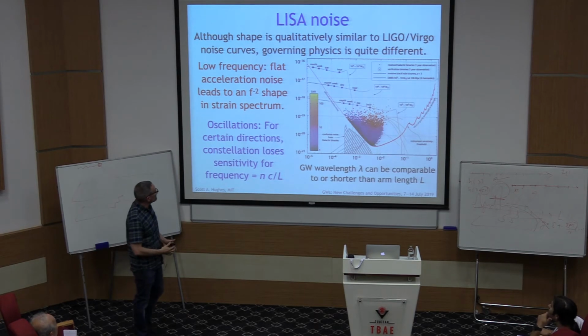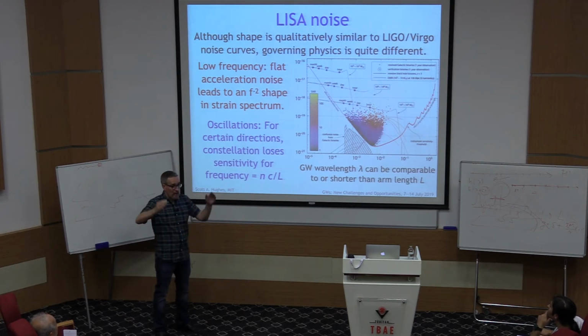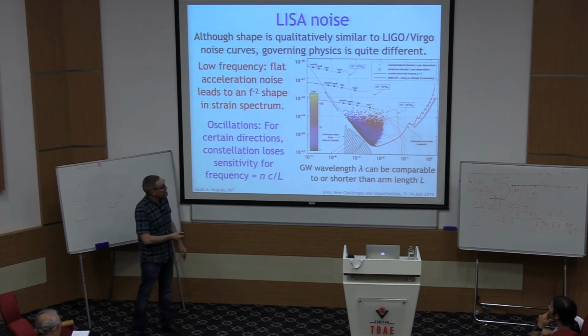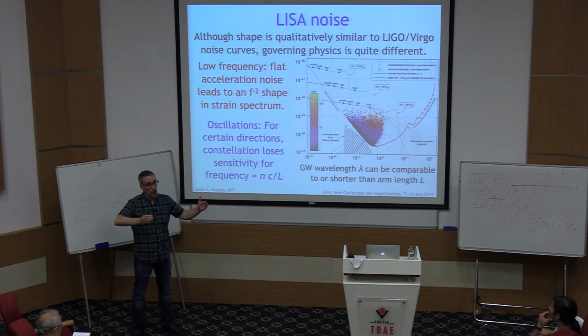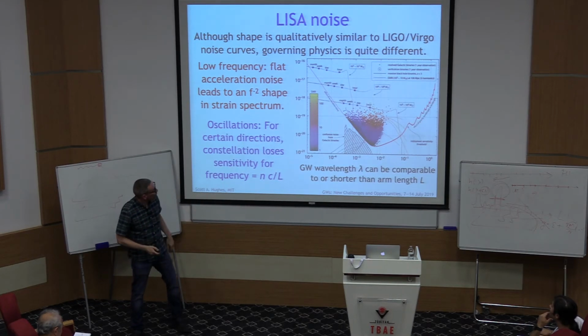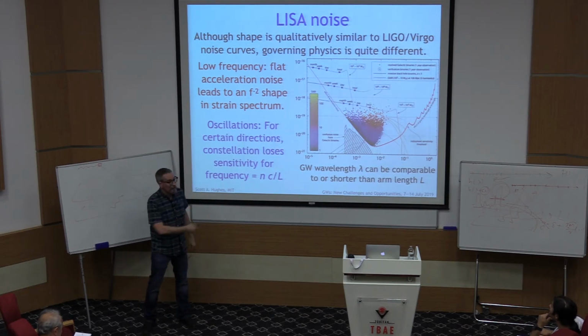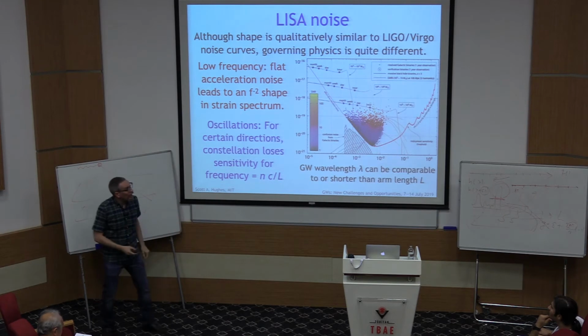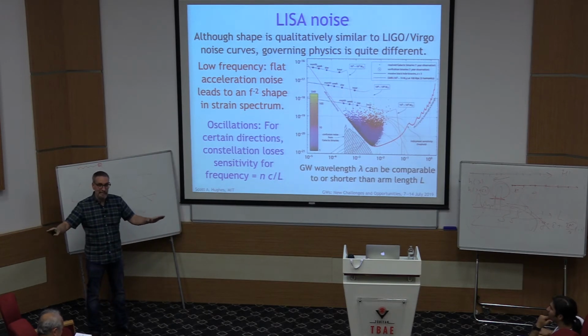And it can be shown without too much effort that, at least for certain directions, when the frequency exactly matches an integer multiple of 1 over the light travel time, you completely become insensitive to gravitational waves.